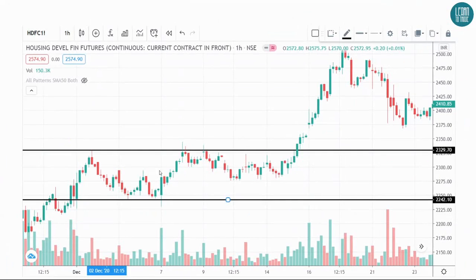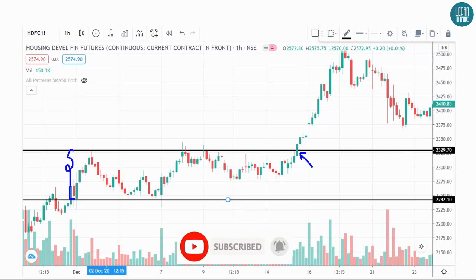Very important is once price makes a breakout, this is the breakout candle which is getting developed. Before price makes a breakout, we need to look at the price action which is getting developed inside this balanced auction. So let's first look at the price action.